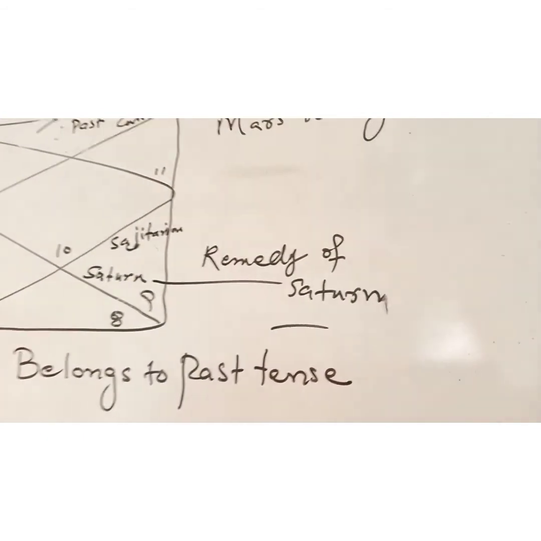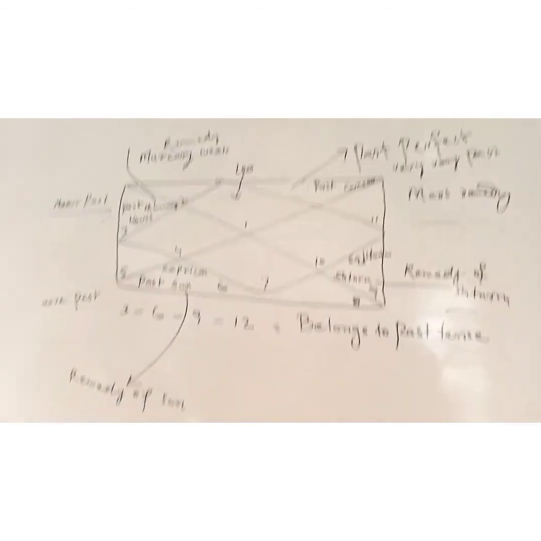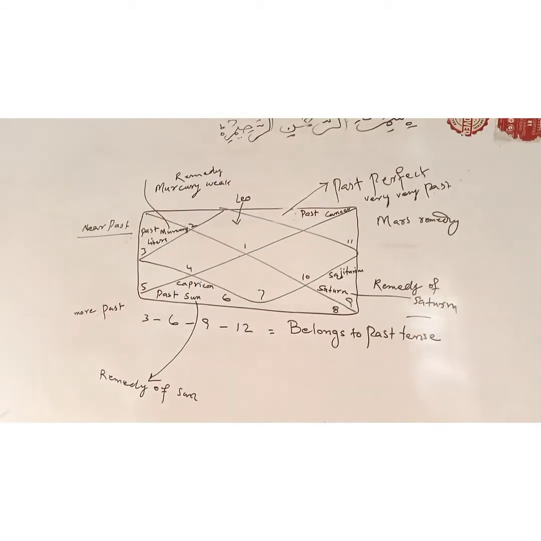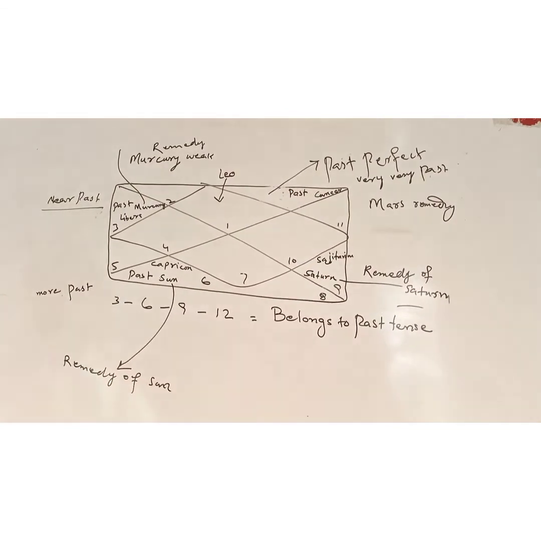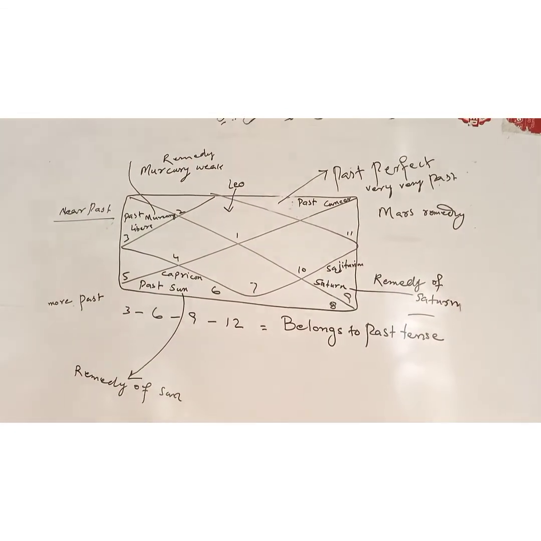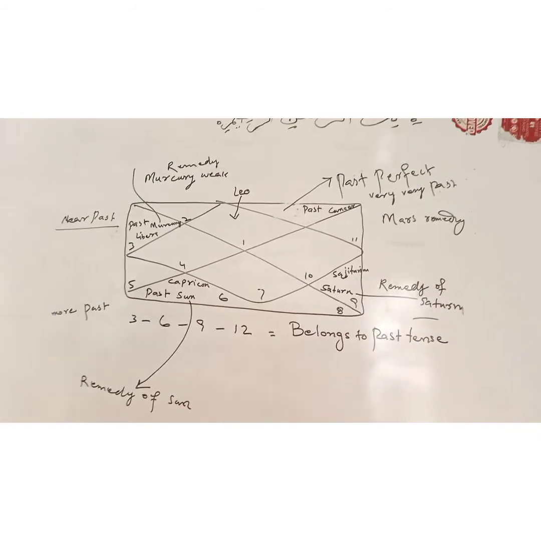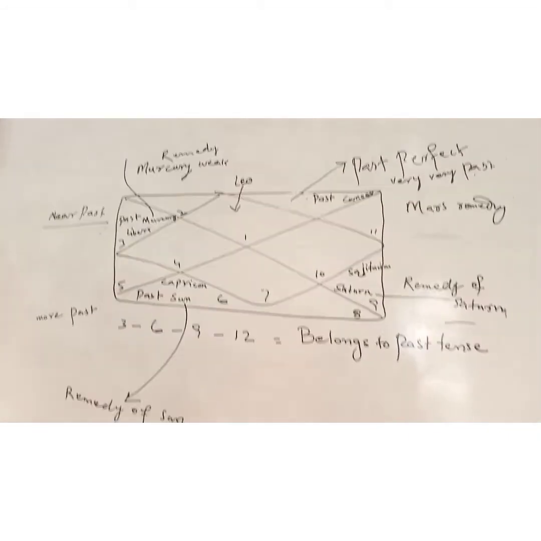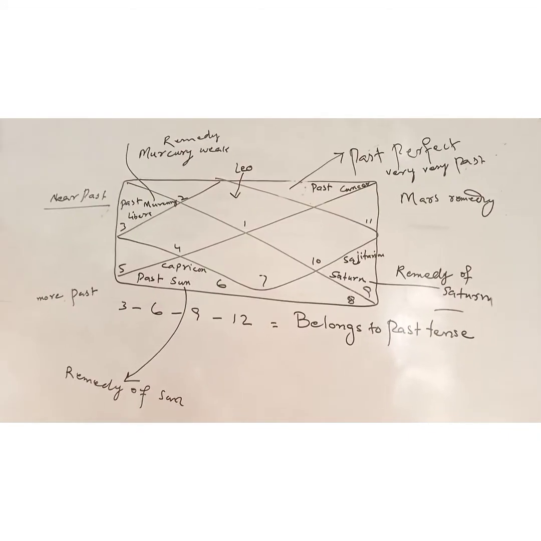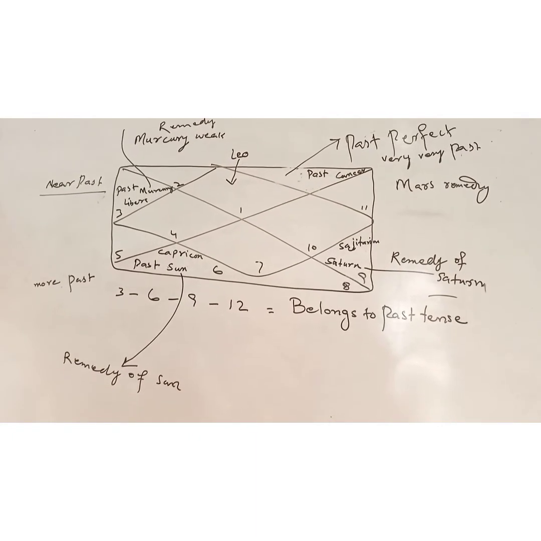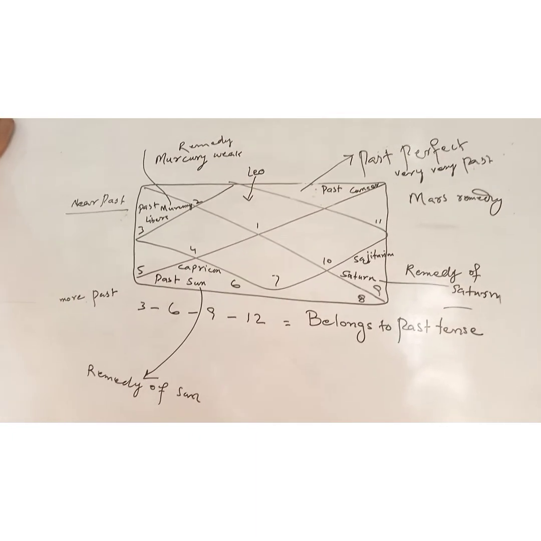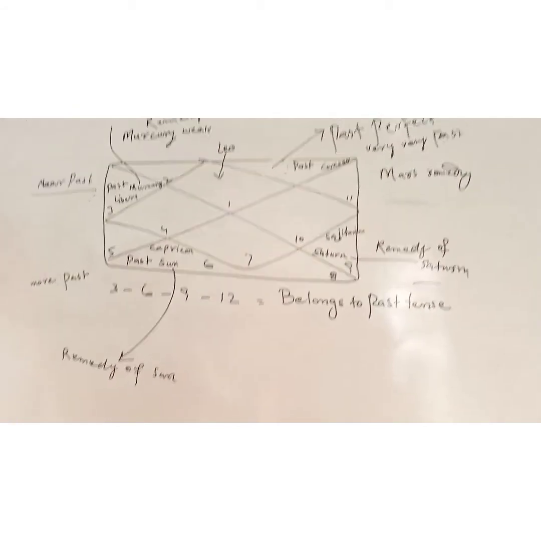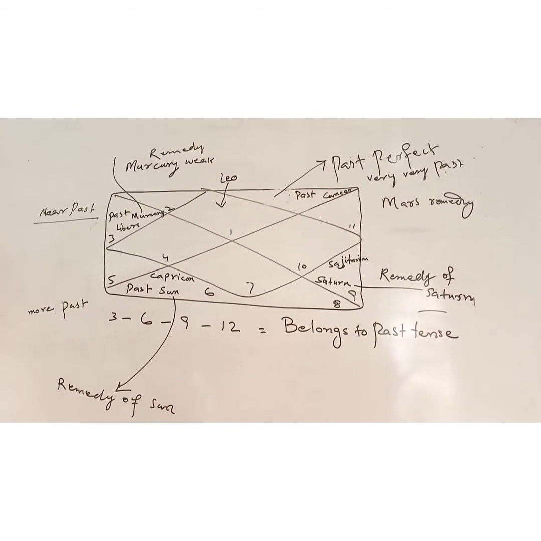In this way we can know the problems of present, past and future. Mostly people who are interested in our world ask about the past, what was his soul in the past.